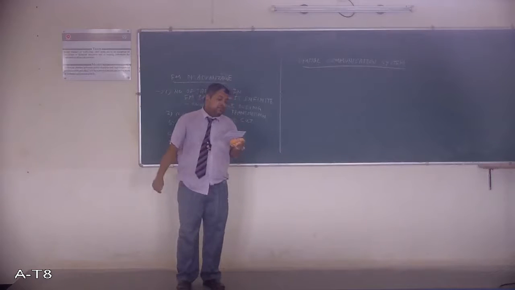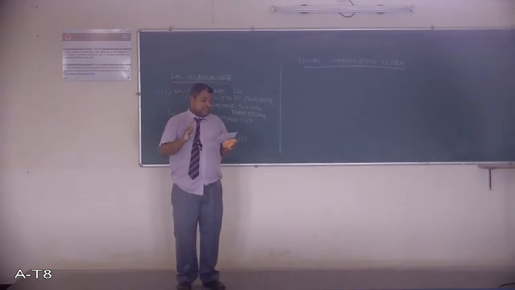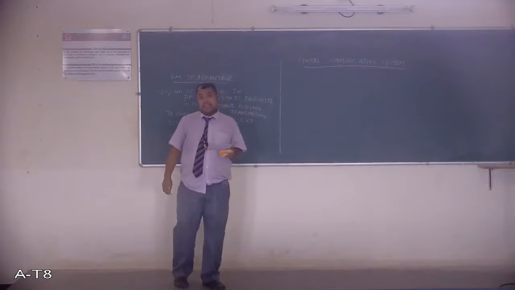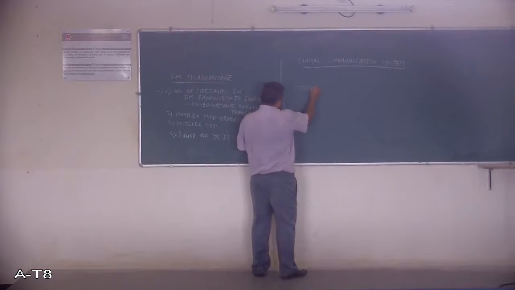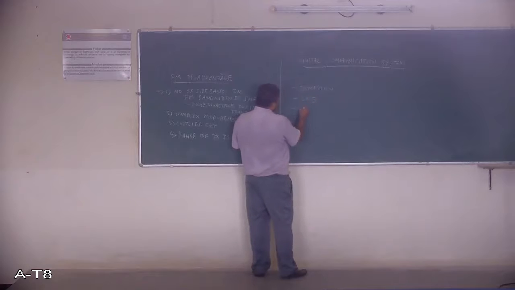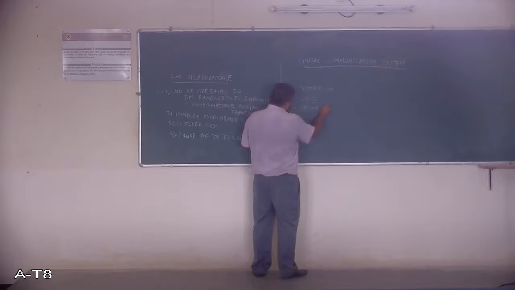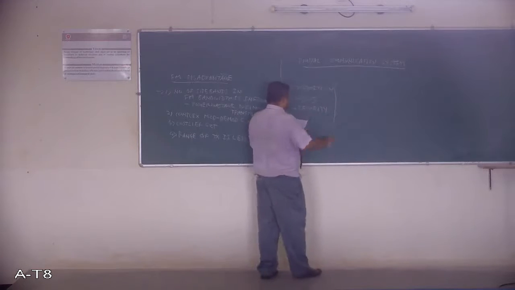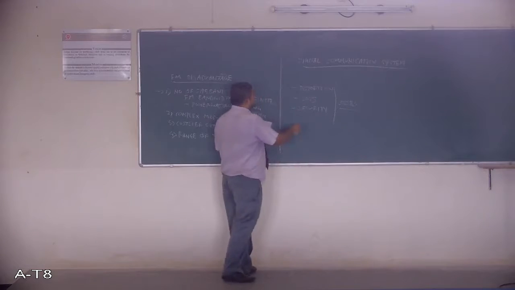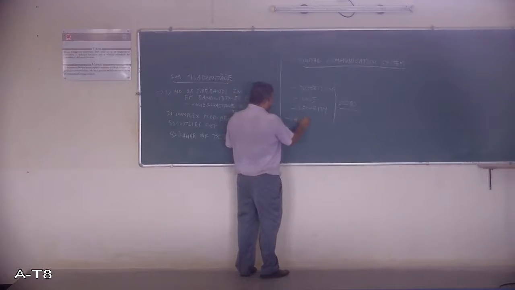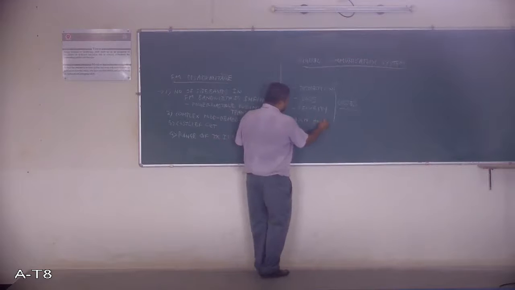So there are mainly 3 kinds of losses, which are called distortion, interference and security issue. Signal getting distorted, interference and security. Together they are called losses. All these 3 things are high in case of analog communication.